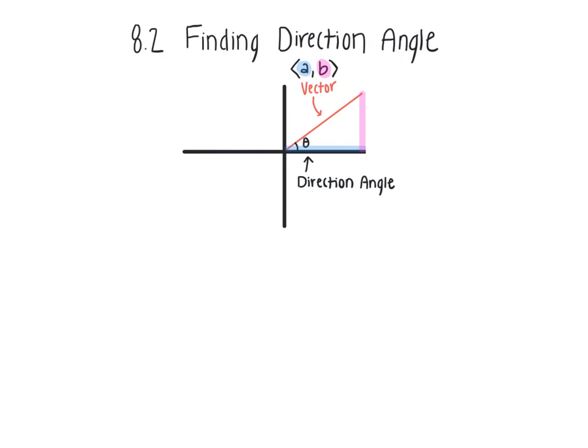So if we think about our unit that was over right triangle trig, we should realize that if we have two sides of our right triangle, side A and side B, we can figure out what the missing angle is using SOHCAHTOA. So in this situation, if we label our sides with side A being adjacent to the missing angle and side B being opposite, we know that we can use tangent because tangent of theta is equal to opposite over adjacent.